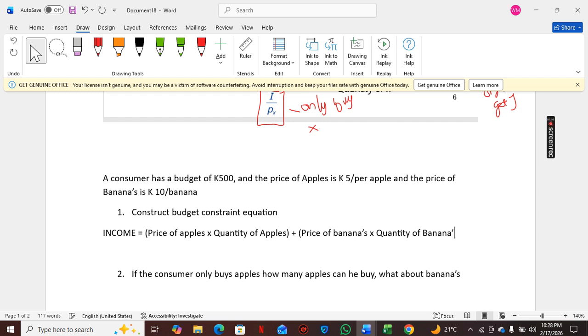Right. This is the budget constraint equation. Alright.